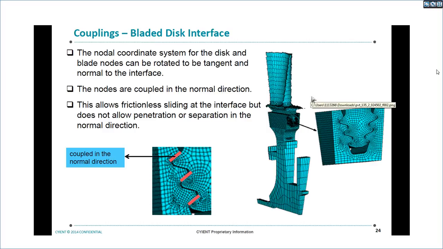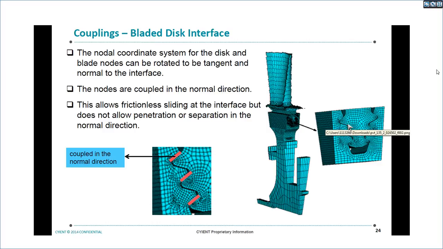This is typically what we call a fir tree or blade attachment. What we need to do is, at these nodes where the blade is contacting the disc, rotate the nodes tangent and normal to the surface.